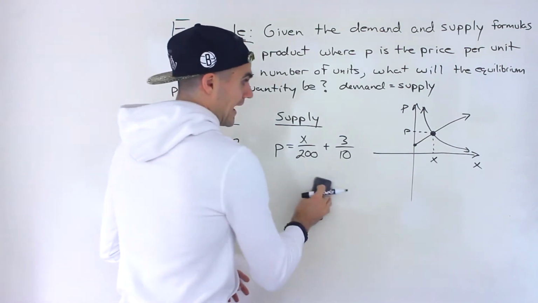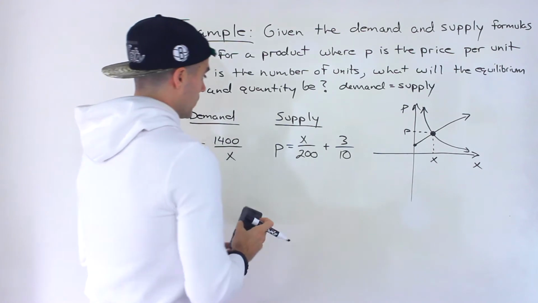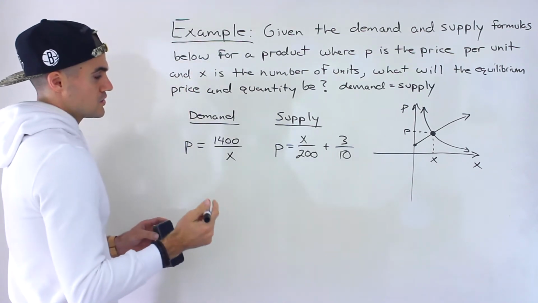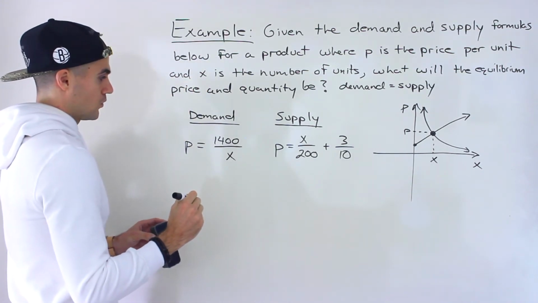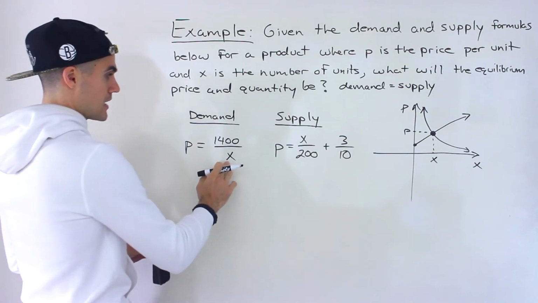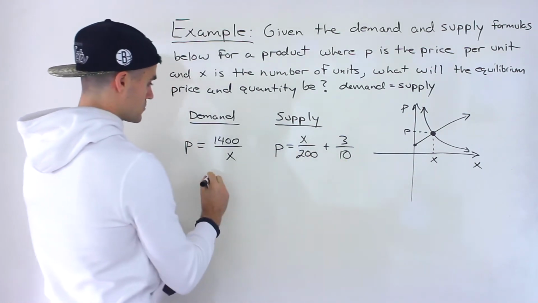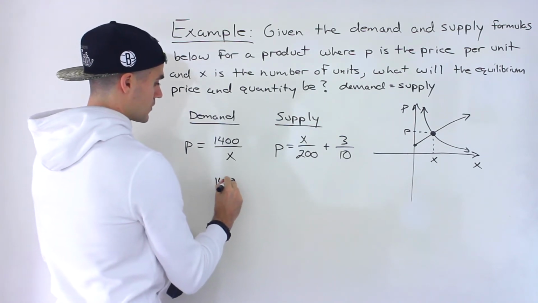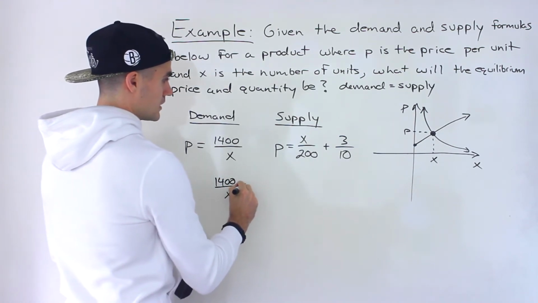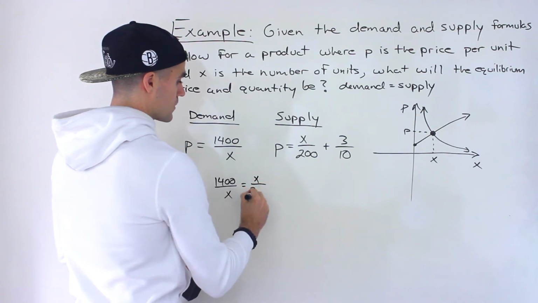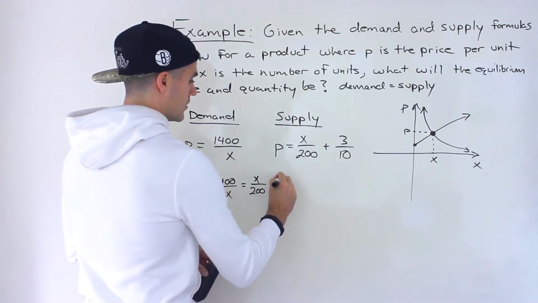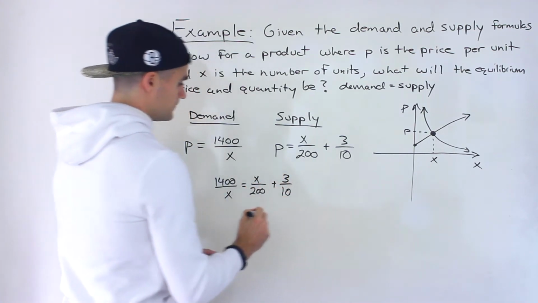So how do we find that specific point? There are actually multiple ways you can go about this. What I'm going to do is make both of these equal. Notice P is equal to this, P is equal to that, which means 1400 over X equals X over 200 plus 3 over 10.